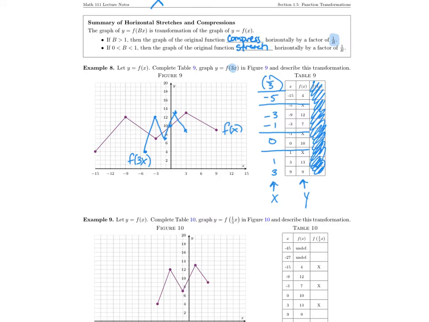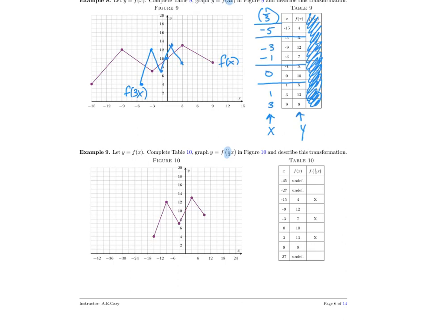Now a horizontal stretch, remember, that is also going to be multiplied by a factor of 1 over b. So here we have 1/3. So 1 over 1/3, that becomes 3. So I'll highlight that as well. I'm going to take this and multiply it by 3.